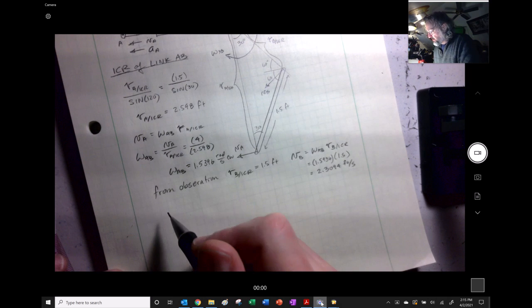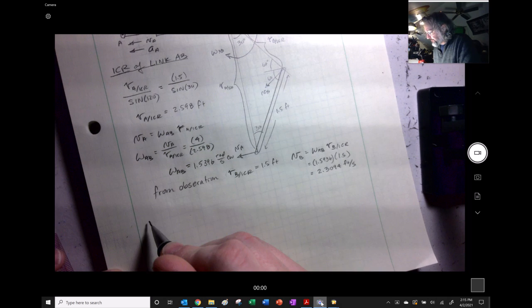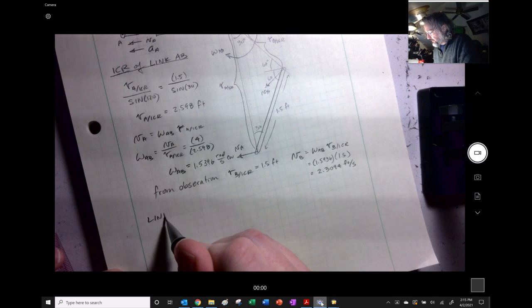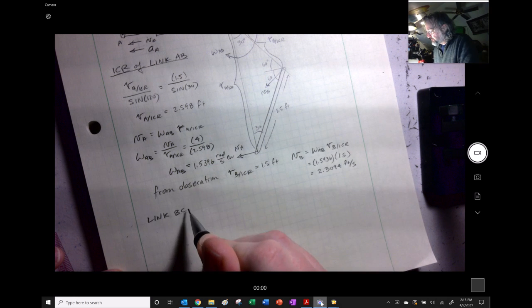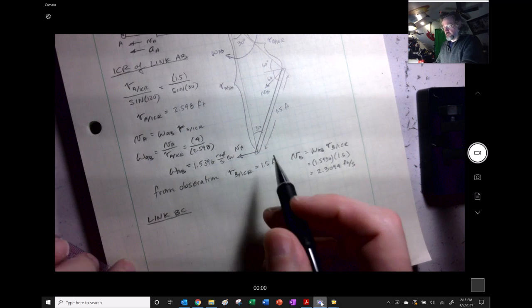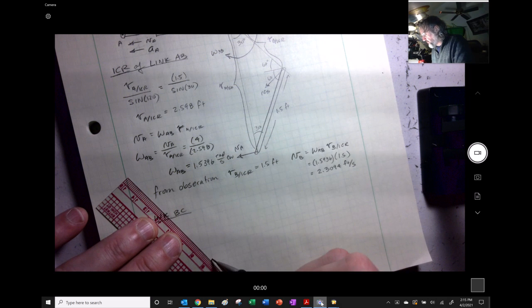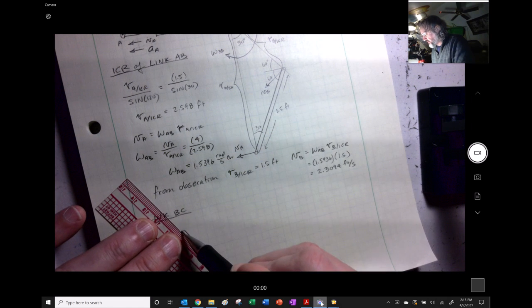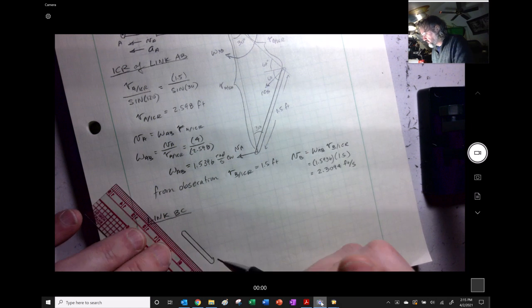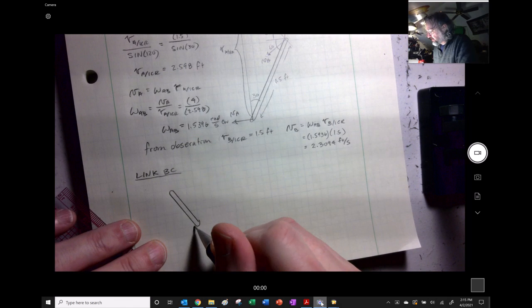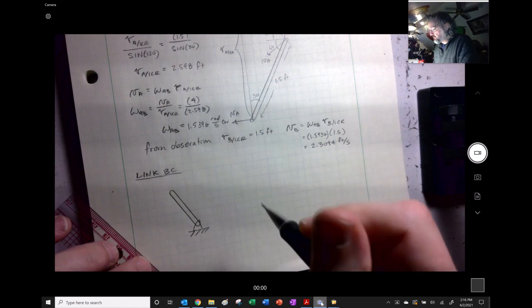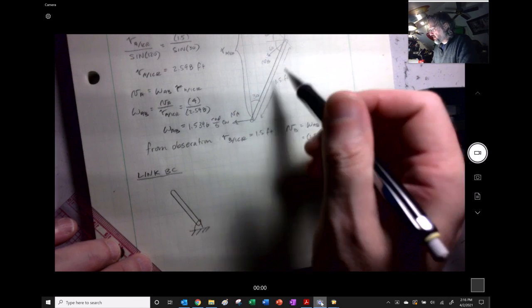Let's do the link BC. The reason why I chose this problem is it's sort of an opposite problem from some of the other cranks that we've done. So we have to think slightly differently. All right, so we have the velocity.